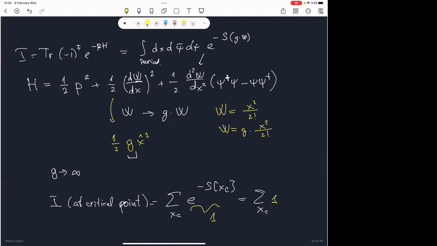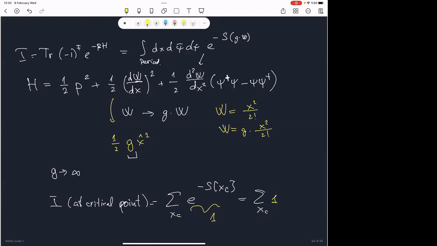This is not so hard, because to compute at critical points you don't need Grassmann variables. Your prepotential depends only on x, so you just plug x critical into your prepotential and forget about the Grassmann ones, and then it's easy.